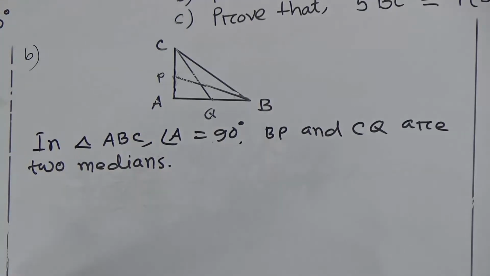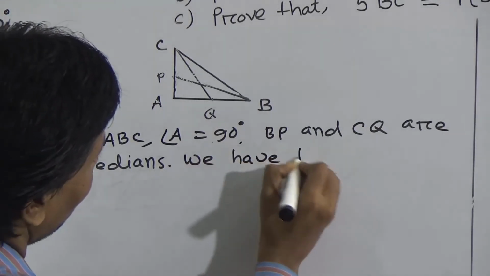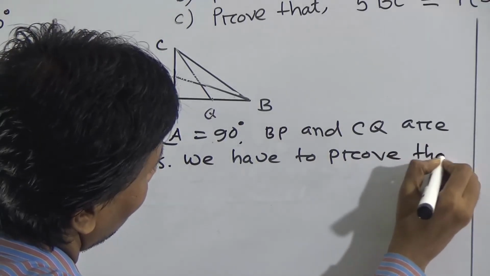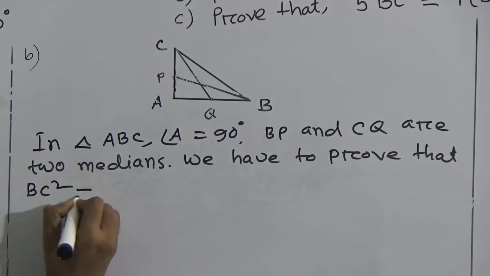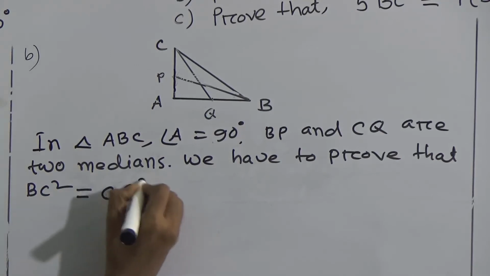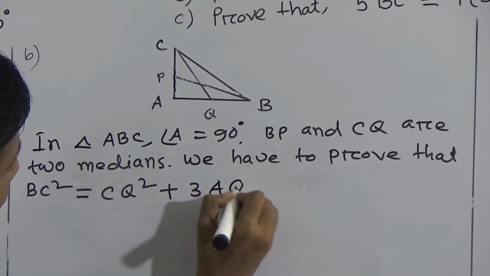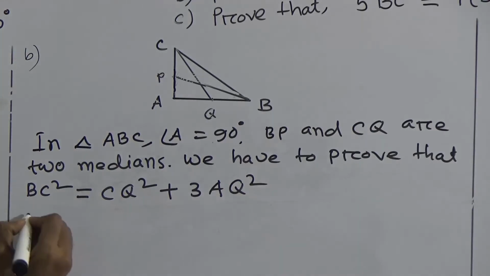We have to prove that BC square equal to CQ square plus 3 AQ square. Now write here proof.